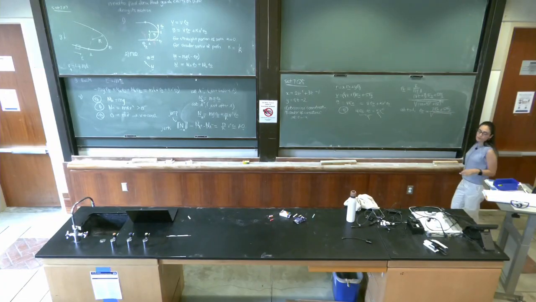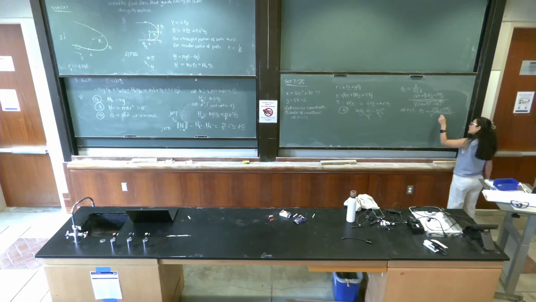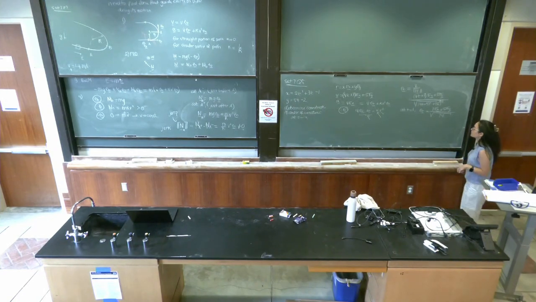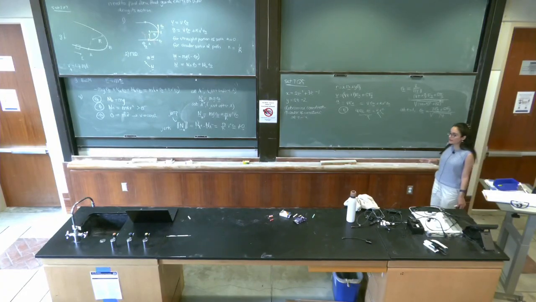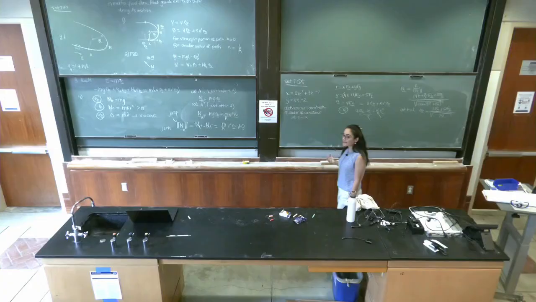The square root of 49 plus 25 is 74. Okay, I found et.